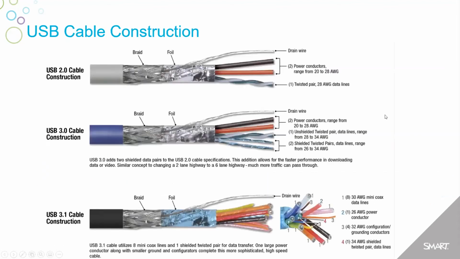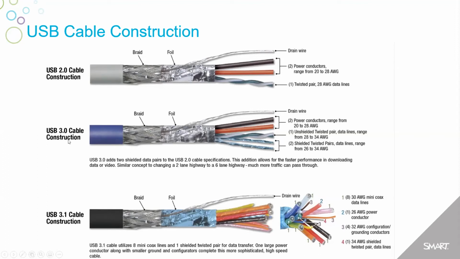If we have a look, here's a typical USB 2.0 cable construction. It consists of a twisted pair. Twisting is a great way to reduce interference in high frequency cables, short of using mini coax. It's cheaper than mini coax and almost as effective. And a couple of power cables.